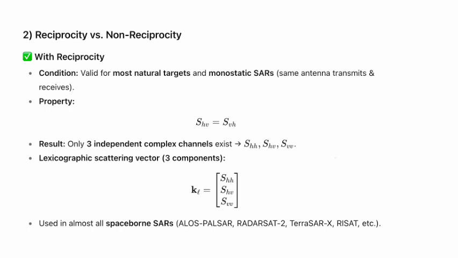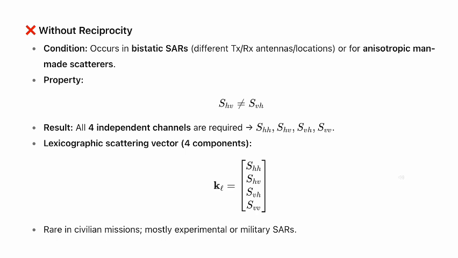In that case, we form the lexicographic scattering vector with three components as shown here. This three-component vector KL is what most spaceborne PolSAR pipelines use because most satellite sensors and natural scenes satisfy reciprocity.